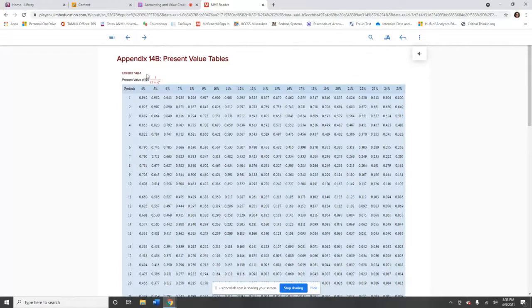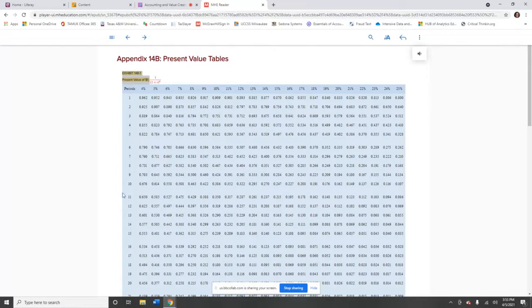You can see up here at the top it says Appendix 14B, present value tables, Exhibit 14B-1, present value of $1. Then it gives you the formula to do that. See how it says $1 there. And here's your table.